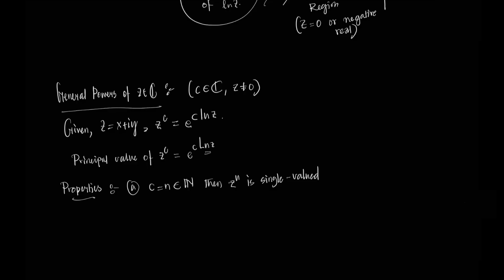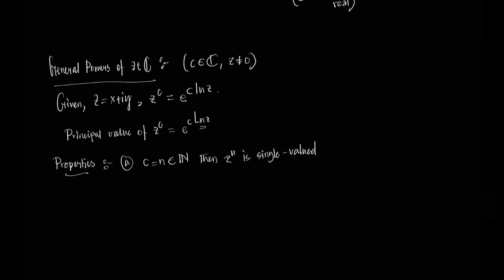Because in that case z power c is nothing but e power n log of z. Okay, so it's a single valued thing, so it's not an issue. Okay, now say c is a negative integer, so c equals minus n, n is in N, let's just assume that. Then also z power c is single valued.